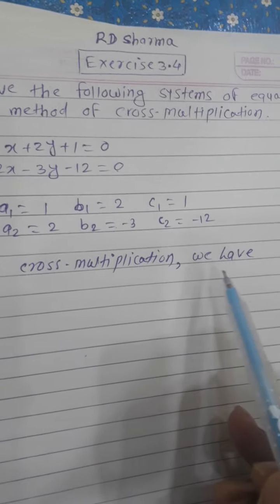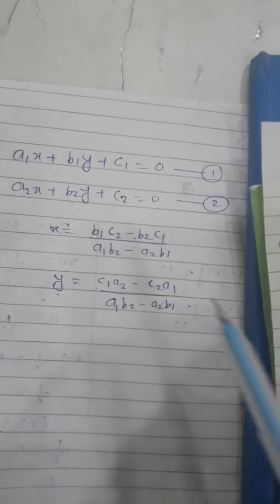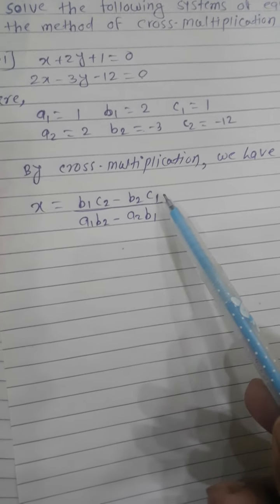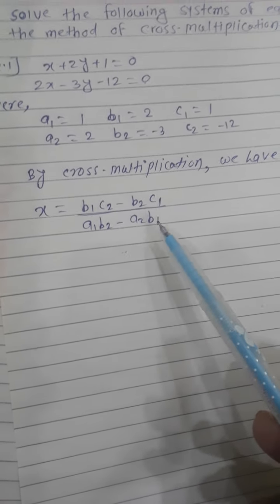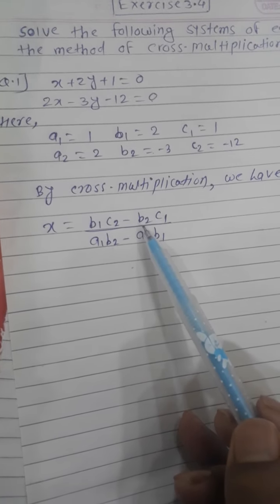By cross multiplication, write x is equal to b1 c2 minus b2 c1 divided by a1 b2 minus a2 b1, and substitute the values in this formula.